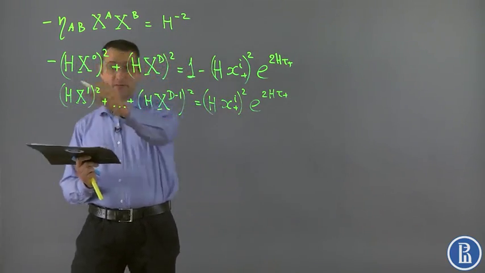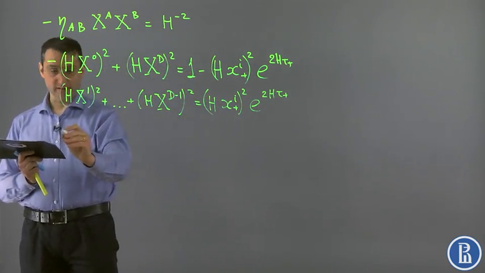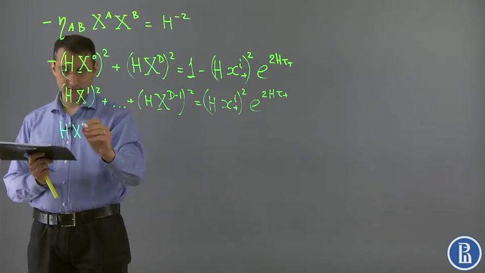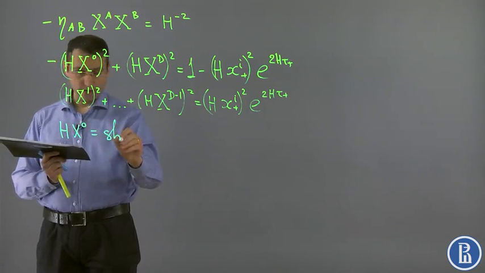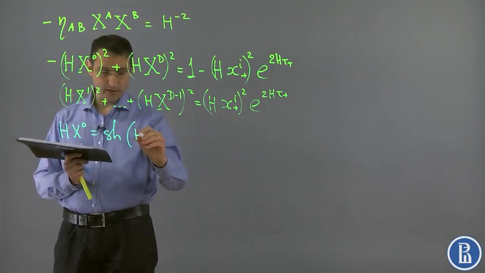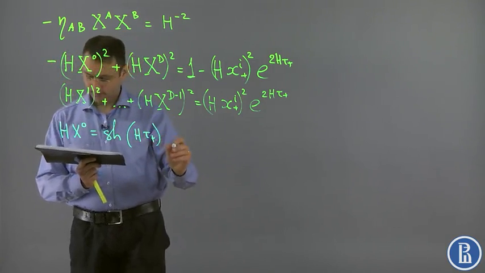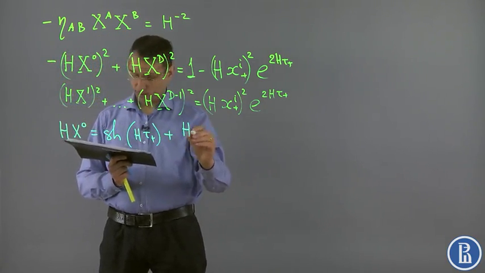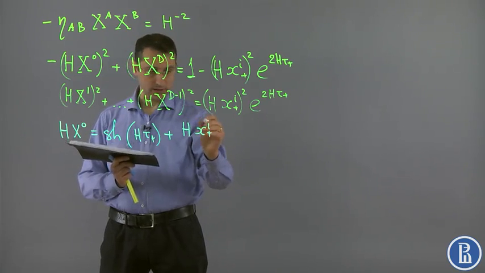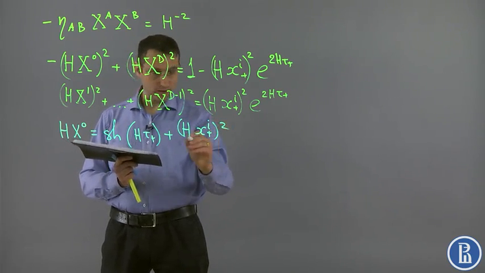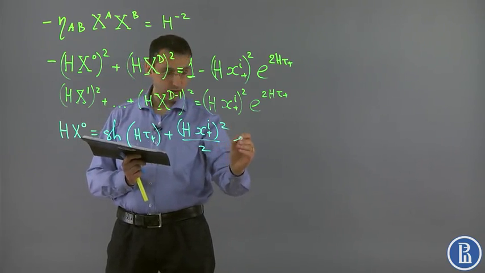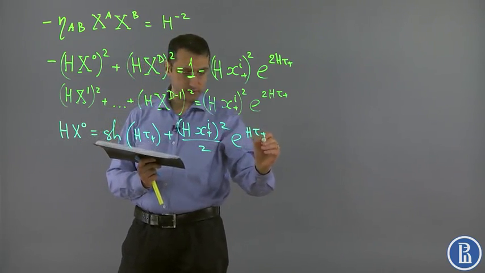Well, this can be now solved as hx0 equal to hyperbolic sine of h tau plus, hx plus I squared over 2 exponent of h tau plus.